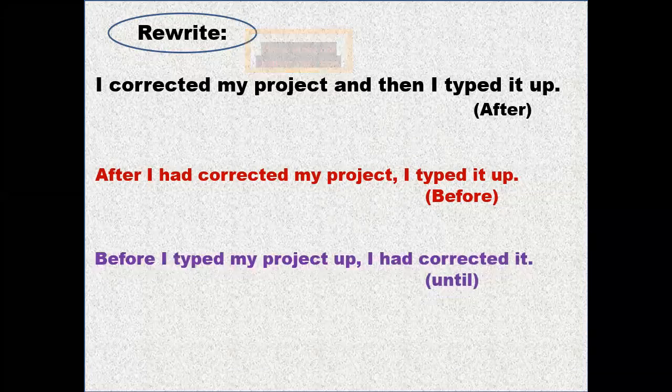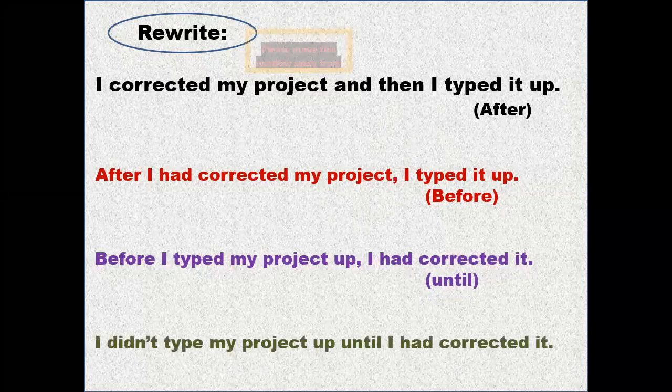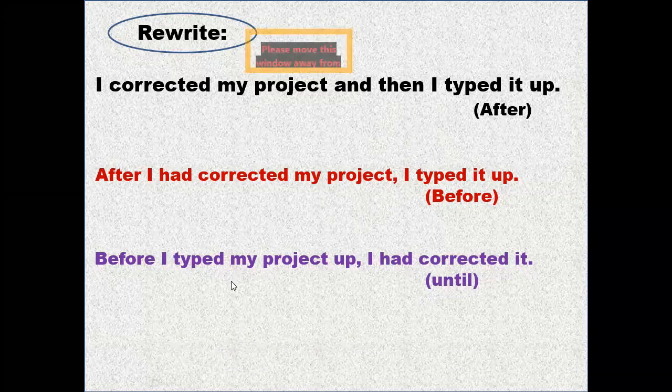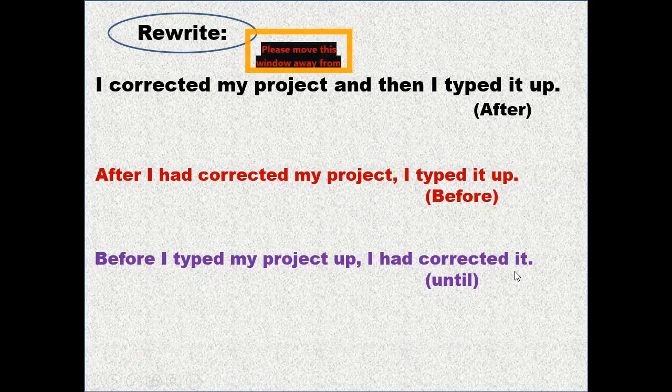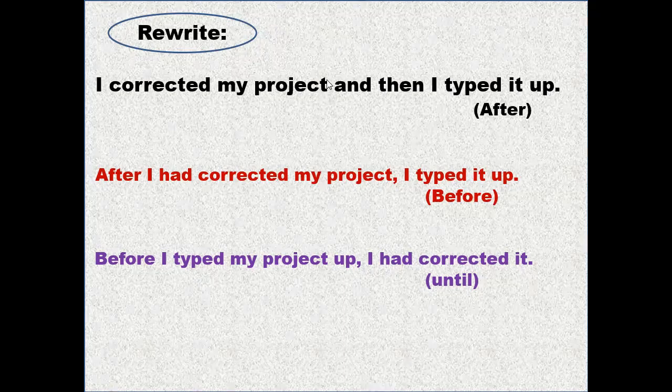Well done. Let's go to use until. In this sentence, I want to use until. Who can use until? Until always comes in the middle of the two sentences, and we put before it the past simple, which is the second action, in negative form. Who can do it for me? Yes, Malak.